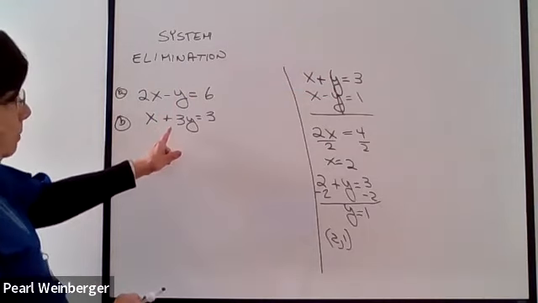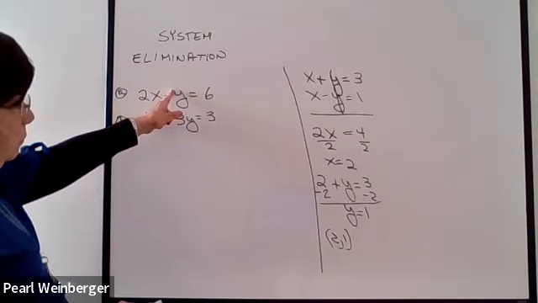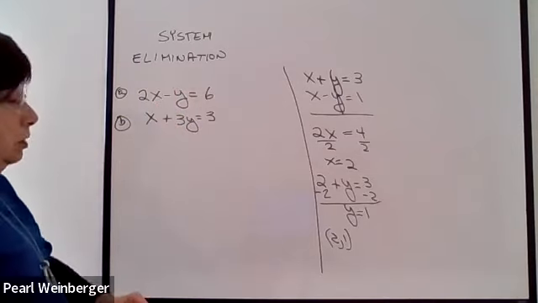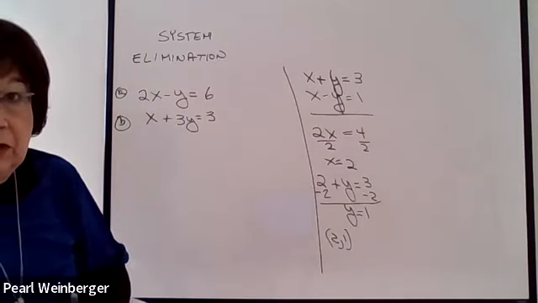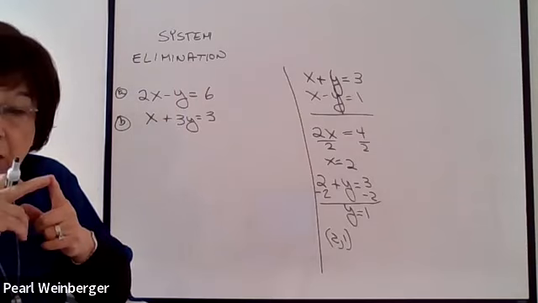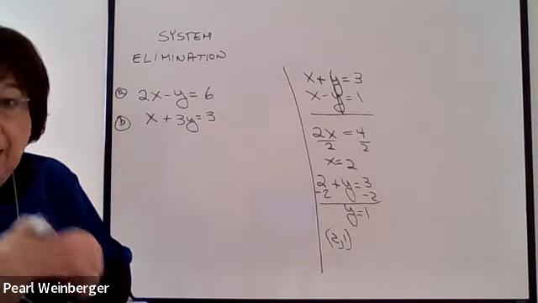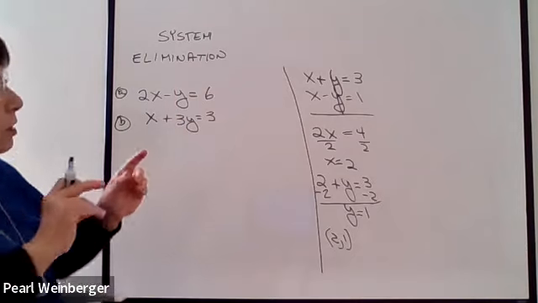So I think about it. This has a coefficient of a -1. This has a coefficient of 3. I need them to have the same coefficients. So what I'm going to do is I'm going to multiply each equation by the opposite coefficient.